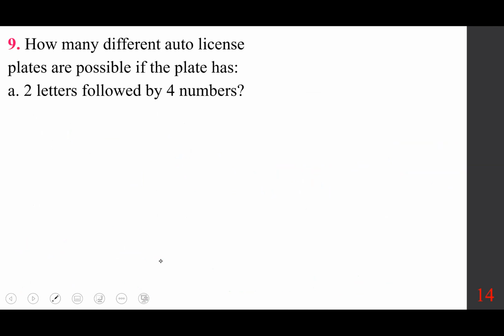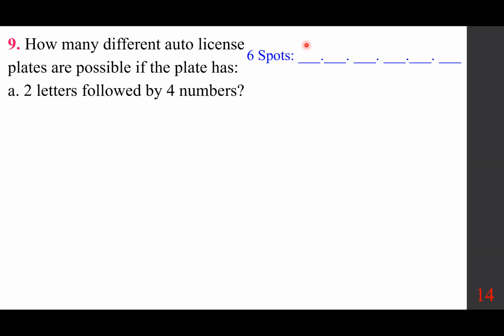How many different auto license plates are possible if the plate has 2 letters followed by 4 numbers? So there are 6 spots, 1, 2, 3, 4, 5, 6. So we have 2 letters.